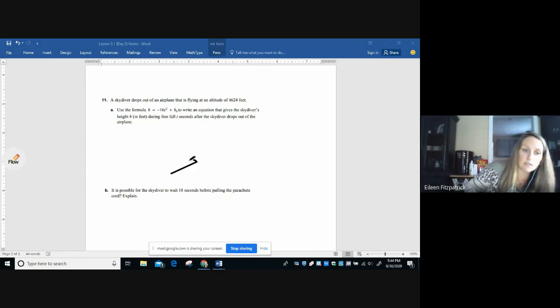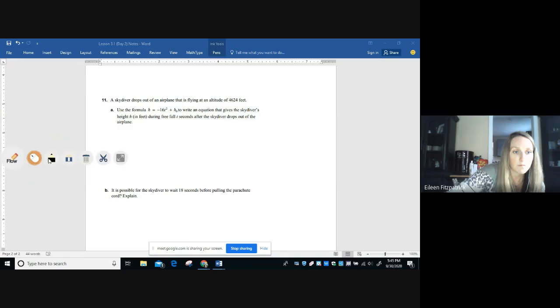Okay, well, first thing you need to know is that h sub 0, what does that stand for? H sub 0 stands for the initial height. Oh my goodness. All right, I think for this last one, I'm just going to use my cursor or my mouse because this is not working well.